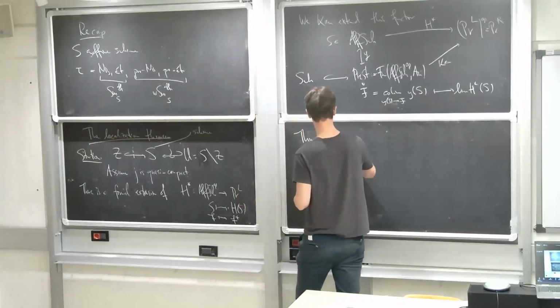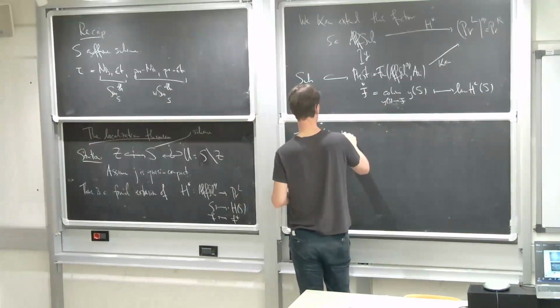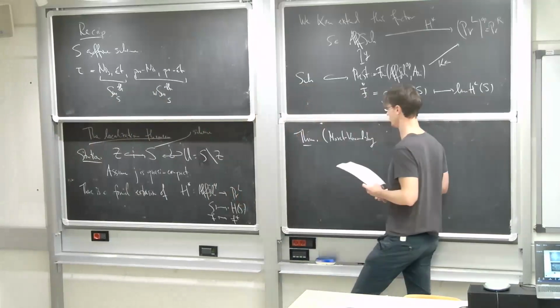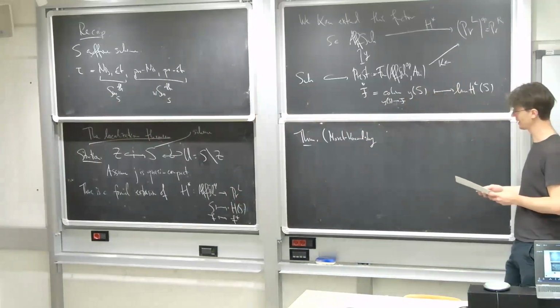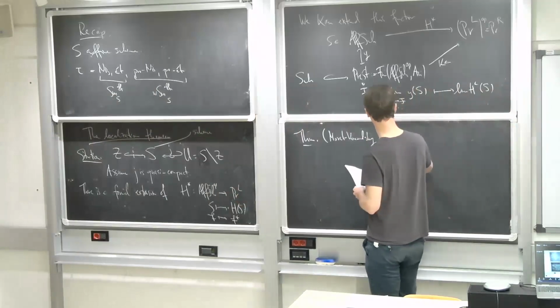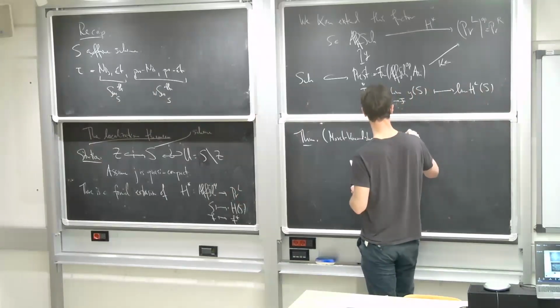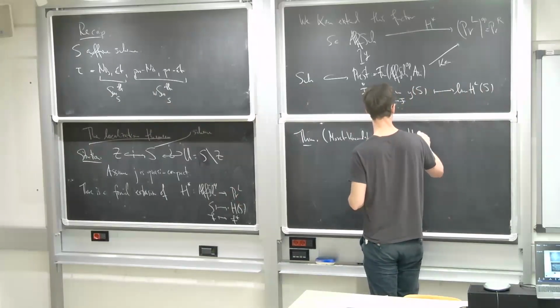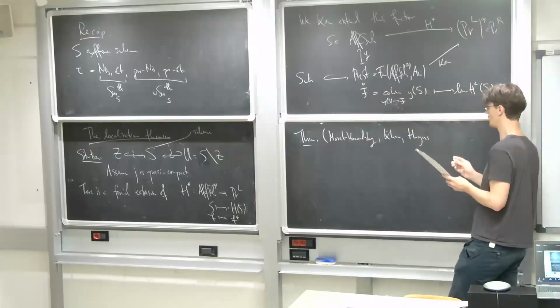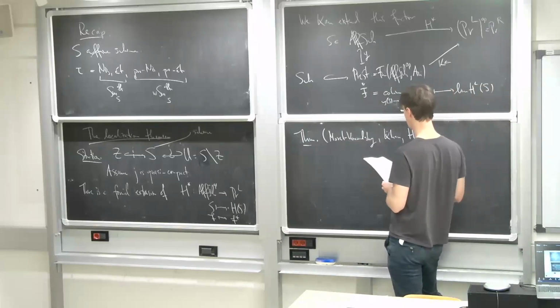So here is the theorem, which goes back to Morel and Voevodsky in the classical situation of smooth schemes and so on, and has really been revisited time and time again. For example, by Ayoub, and also there's a good exposition of this by Hoyois in more general situations than the ones that Voevodsky considered.